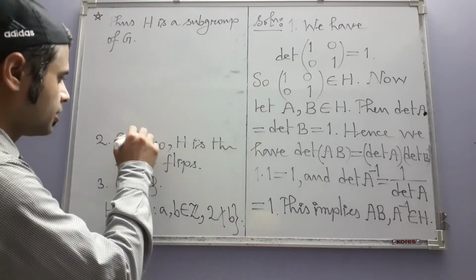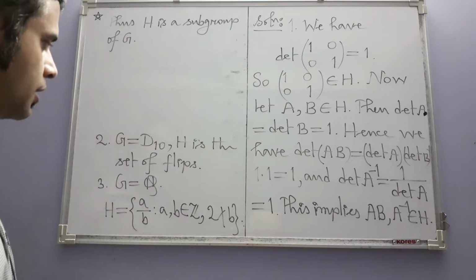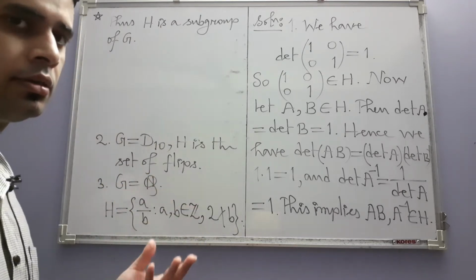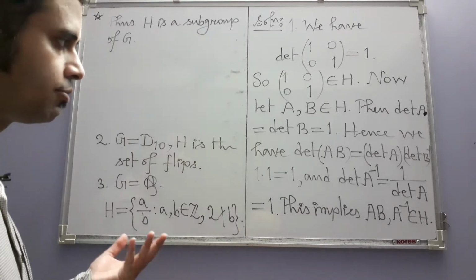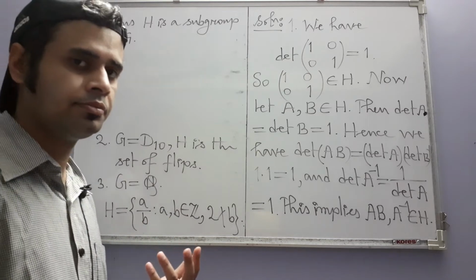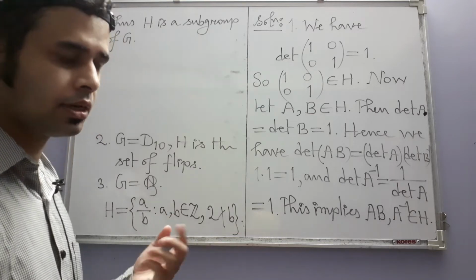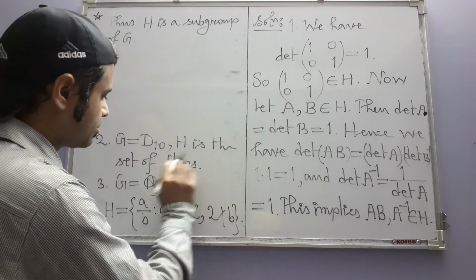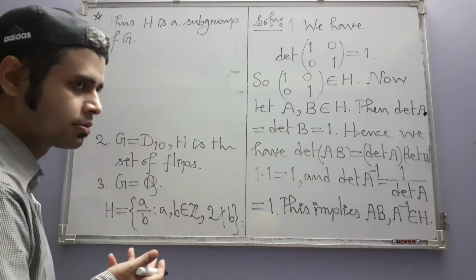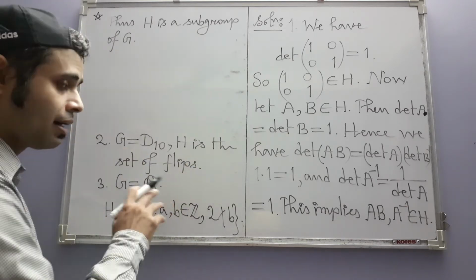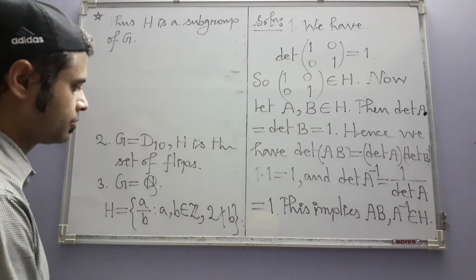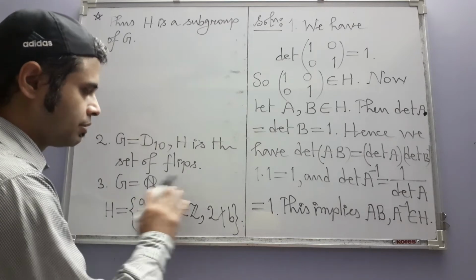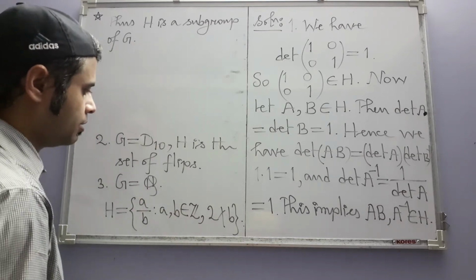Then we come to the next one, the dihedral group D10, which recall is the group of symmetries of a regular pentagon, a regular five-sided polygon, and H is the set of all flips that are symmetries of the polygon. The pentagon has all side lengths equal.